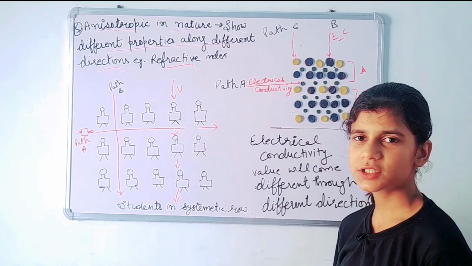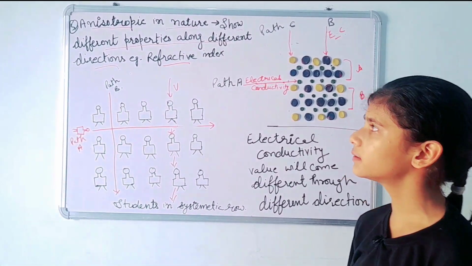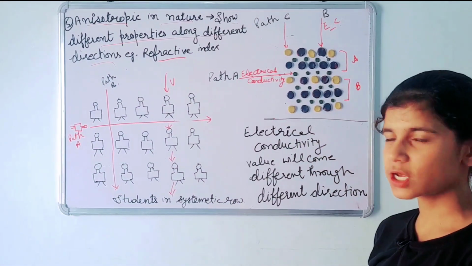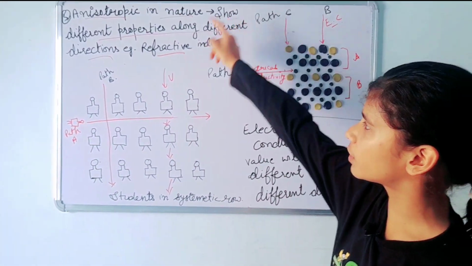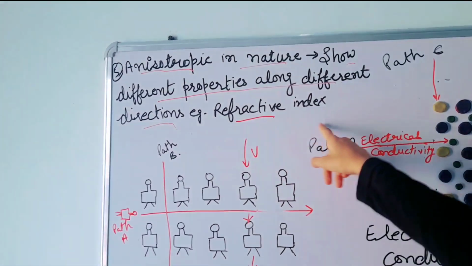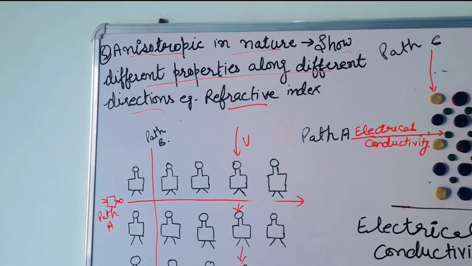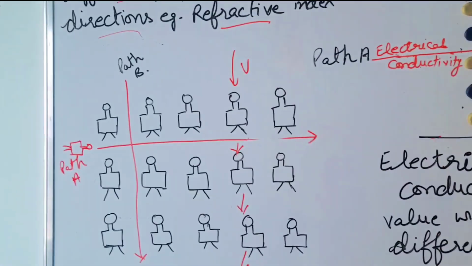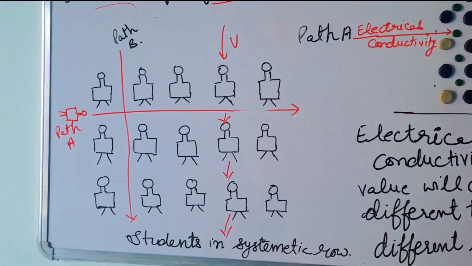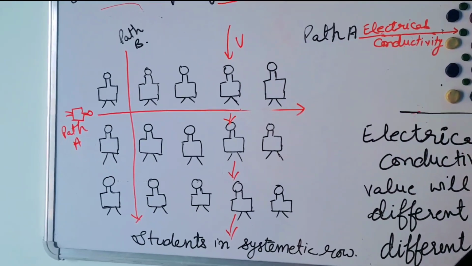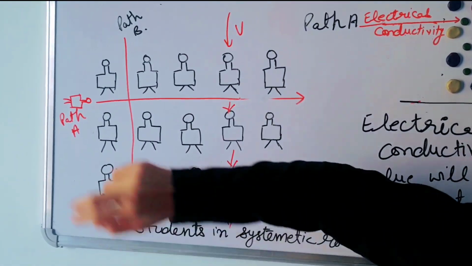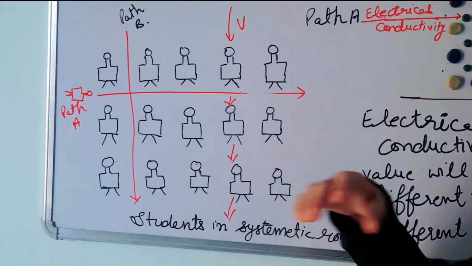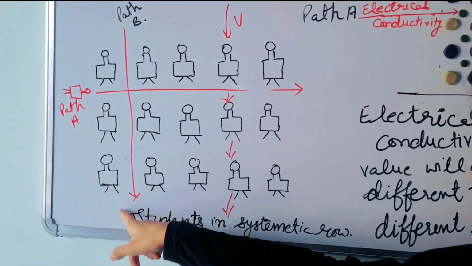Our next topic is that crystalline solids are anisotropic in nature. Means they show different properties along different directions. Suppose the students are standing systematically in rows, and we have to pass through them. From path A we can pass easily, and from path B we can also pass easily.